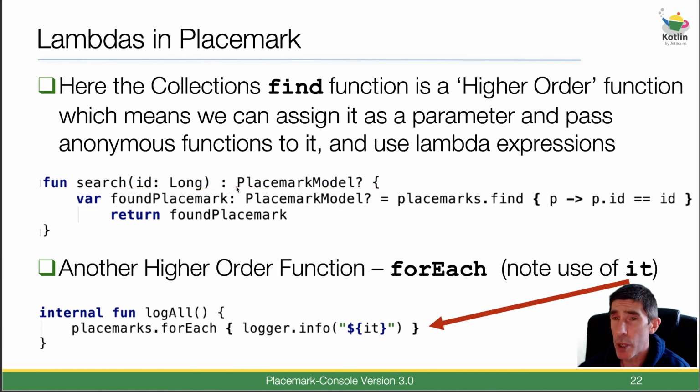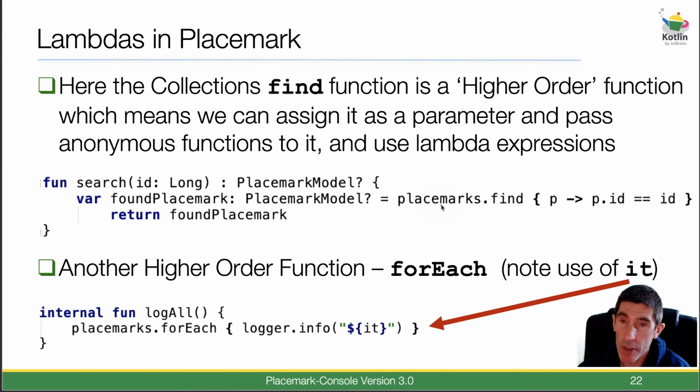I suppose in theory we could actually leave that out, right, because the type would be inferred. And we have placemarks.find. There's our lambda expression. Okay, so our find is going to return a placemark model object if the ID of the object we're looking at matches the ID that has been passed in.